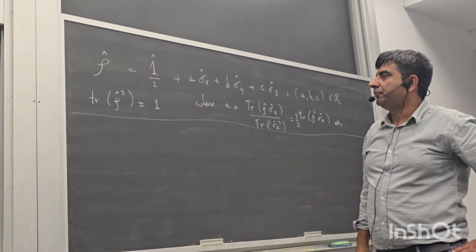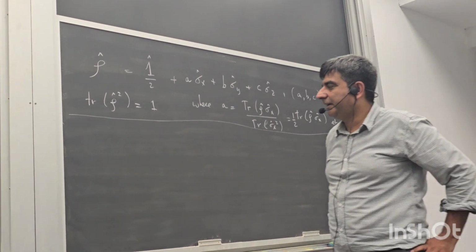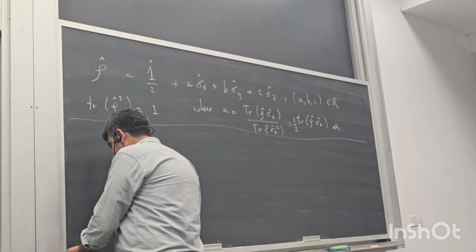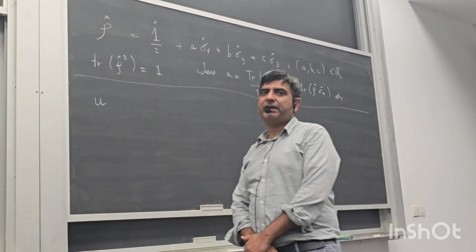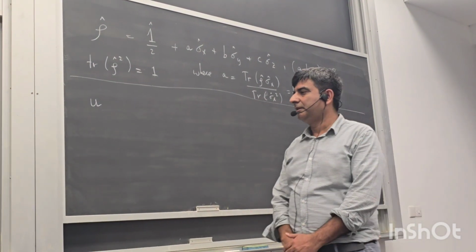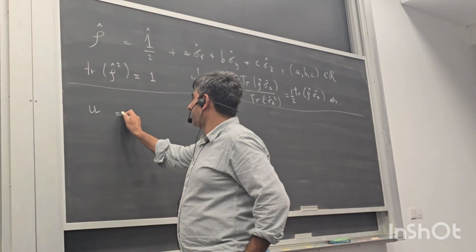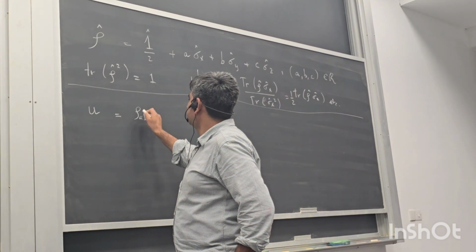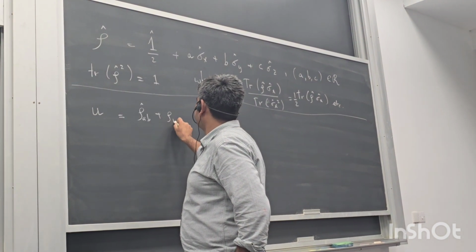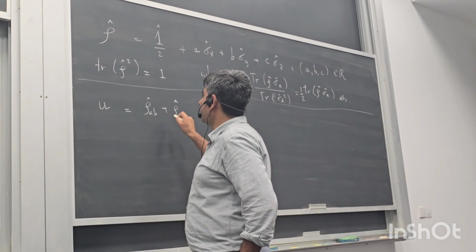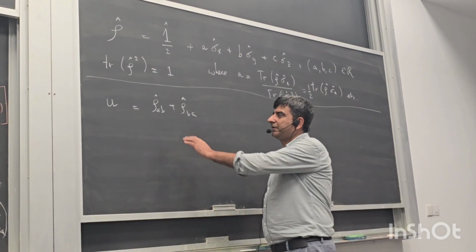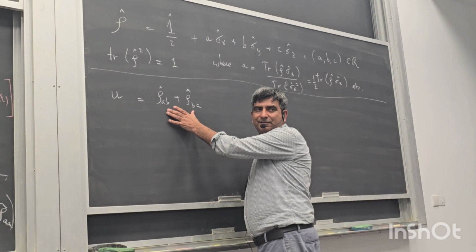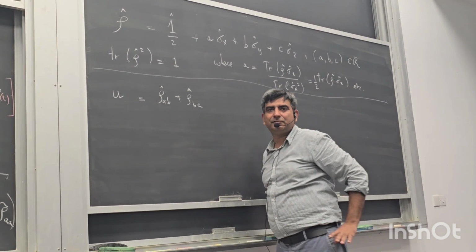Now what we would like to do is define a variable u, which is a real number. Rho AB plus rho BA. These two elements, I want to add them up to give me the real part of rho AB. Let's call this u.